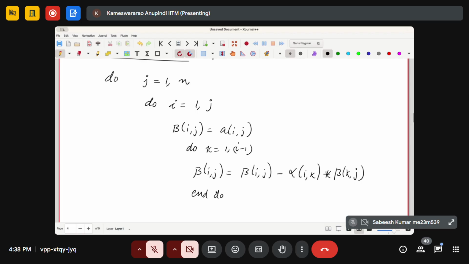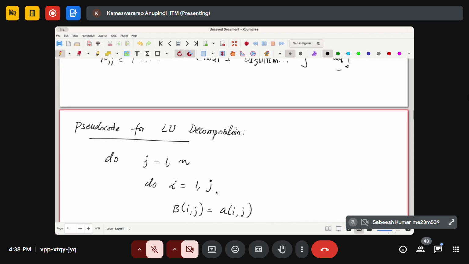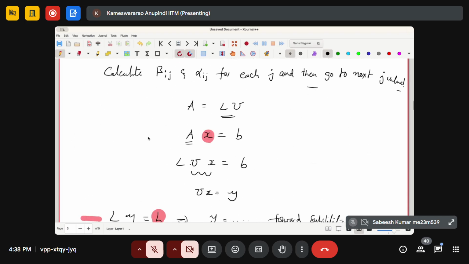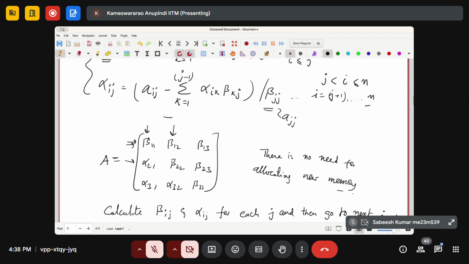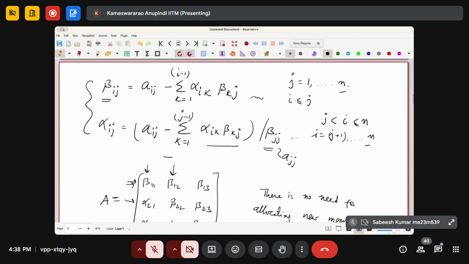So it's not going to subtract anything. Only from the second element onwards, it's going to enter this loop and subtract. Otherwise, this is going to be just a1,1. Fine. Then for alpha ij, I have aij minus the sum of alpha ik beta kj, k runs from 1 to j minus 1, divided by beta jj.